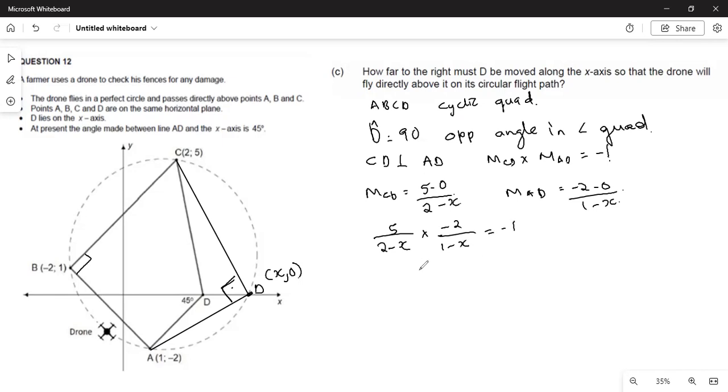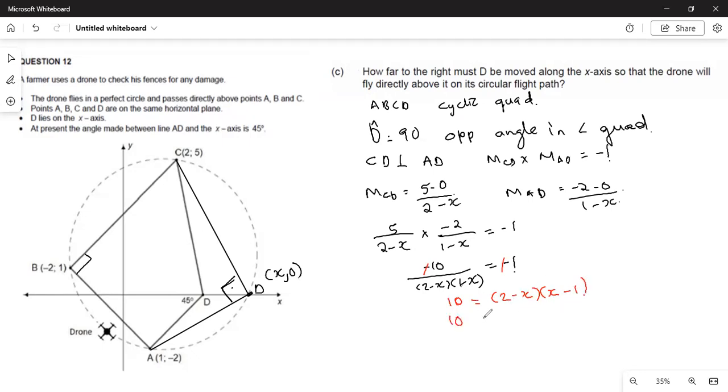Okay, let's multiply those out. We'll get -10 over (2 minus x)(1 minus x) is equal to -1. We can cancel out the negatives because we can multiply by negative on both sides. And we will be left with 10 is equal to (2 minus x)(1 minus x).